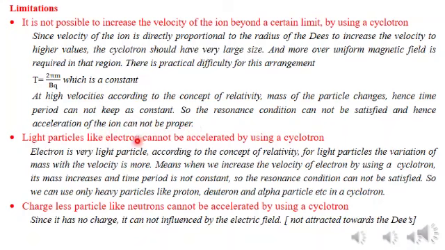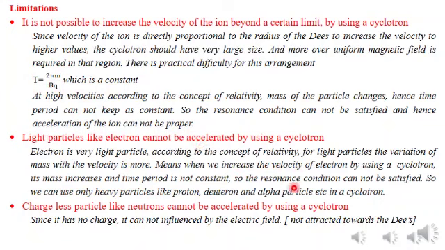Second limitation is light particles like electrons cannot be accelerated by using this method because electron is very light particle. According to the concept of relativity, for light particles the variation of mass with the velocity is more. Means when we increase the velocity of electrons by using a cyclotron, its mass increases and hence time period is not constant.